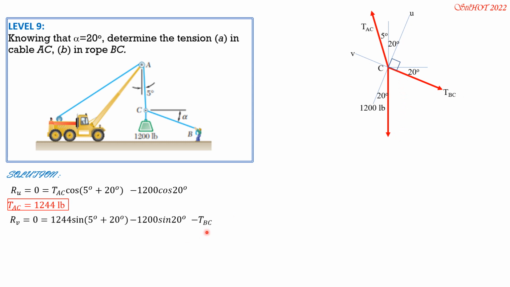Then we can now compute tension BC: 1,244 sine 25 minus 1,200 sine 20. As I said, you can solve this in your own way, using any of the four methods that I presented in part 1.